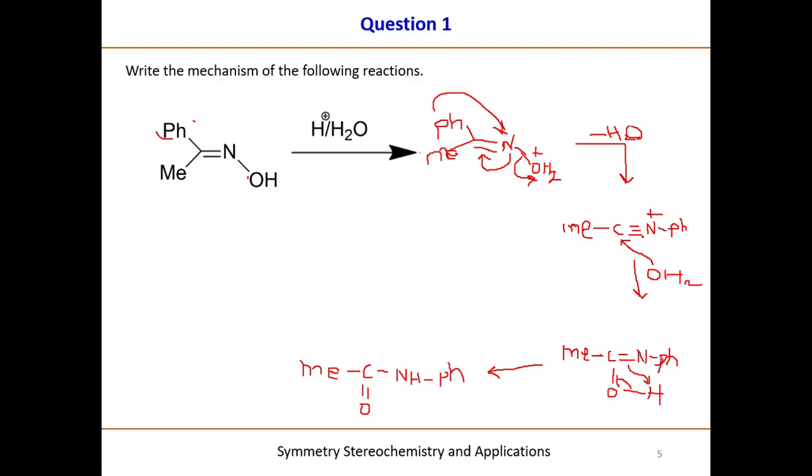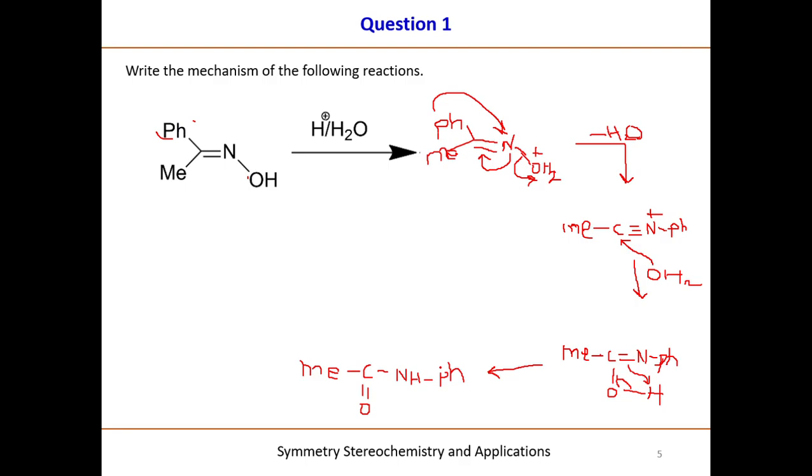Then this nitrilium ion intermediate reacts with H2O to give this intermediate, and then the migration of a proton takes place to give the corresponding product.